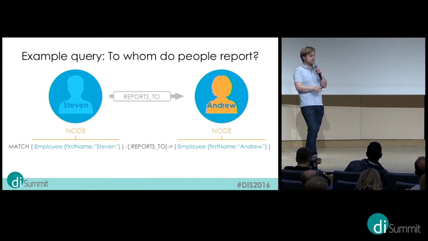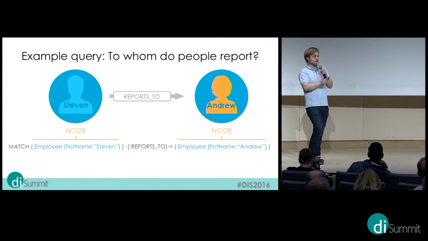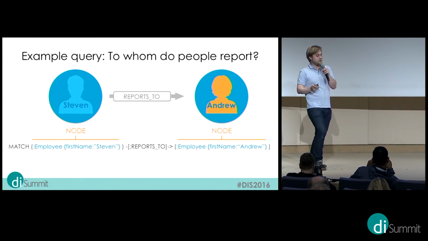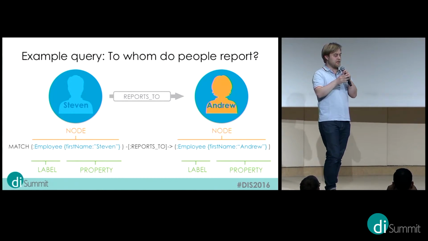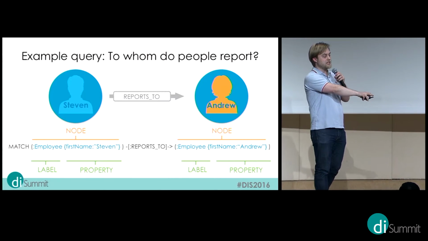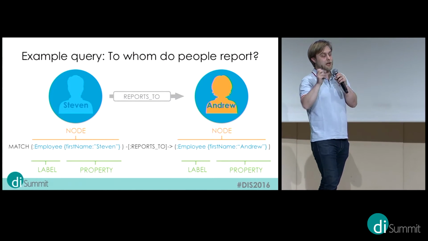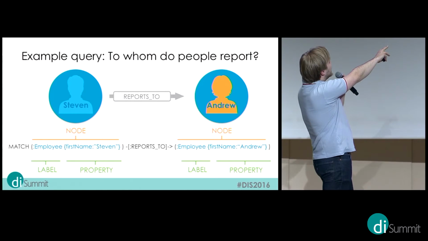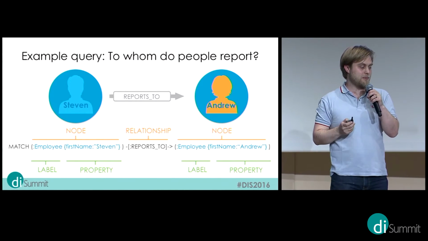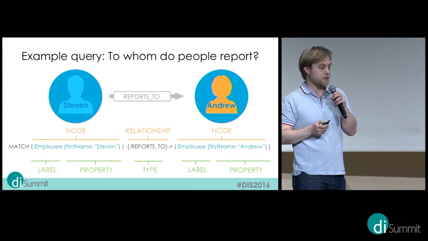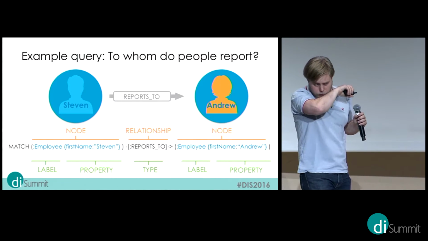So these are the two nodes, one representing Stephen and the other representing Andrew. It has the label employee in both cases, and the property saying that this employee is named Stephen, and the other employee is named Andrew. And then we also have the relationship between them, which has the reports to type. Sorry.